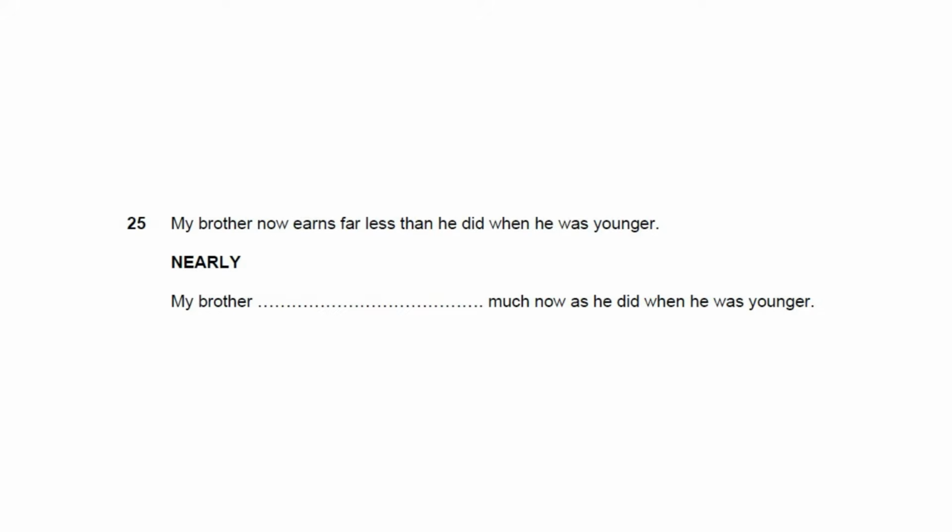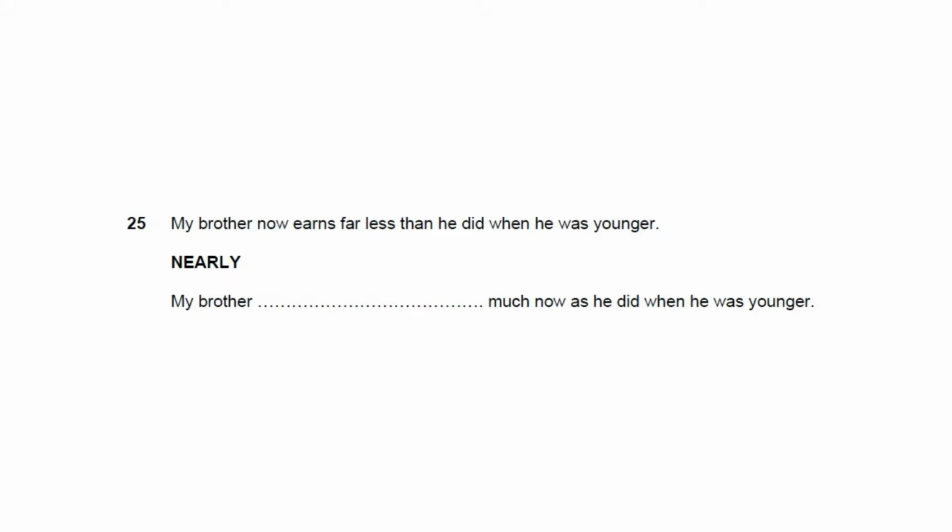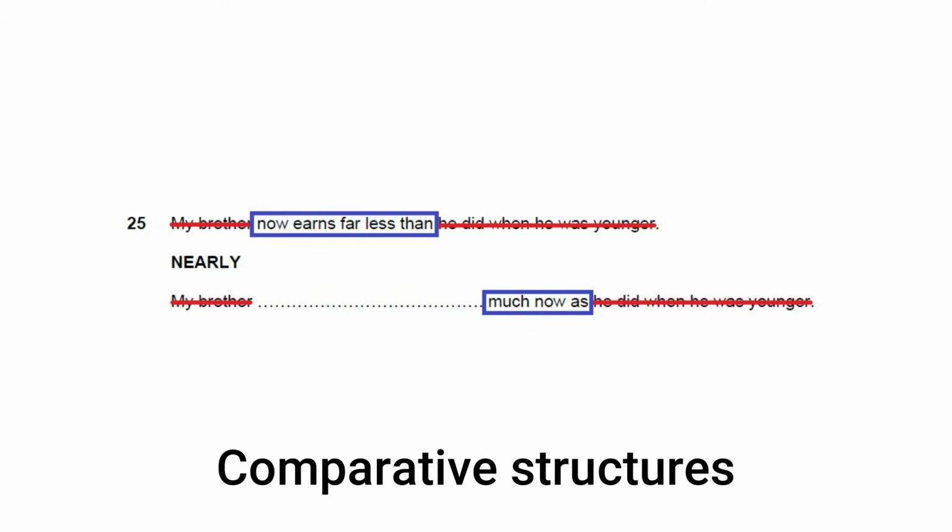Secondly, you have to use the key word in the gap as part of the 3 to 6 words without changing it. With all of that in mind, let's have a look at our example from before again. After crossing out the identical parts in both sentences, we are left with the following to transform. And in the second sentence we can see immediately that we are looking at comparative structures.